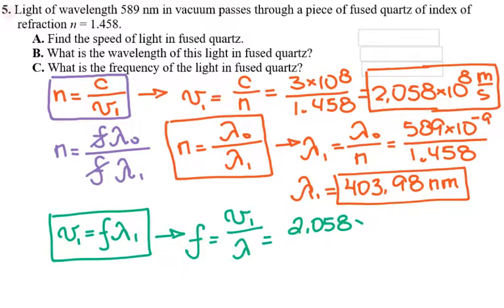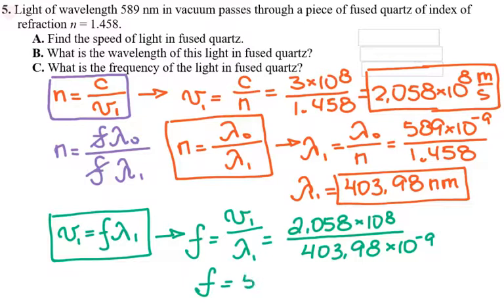Okay, so that is our velocity, divided by the wavelength that we just found, which is 403.98 nano, 10 to the negative 9. And that gives me the frequency equal to 509.34 times 10 to the 12 hertz.